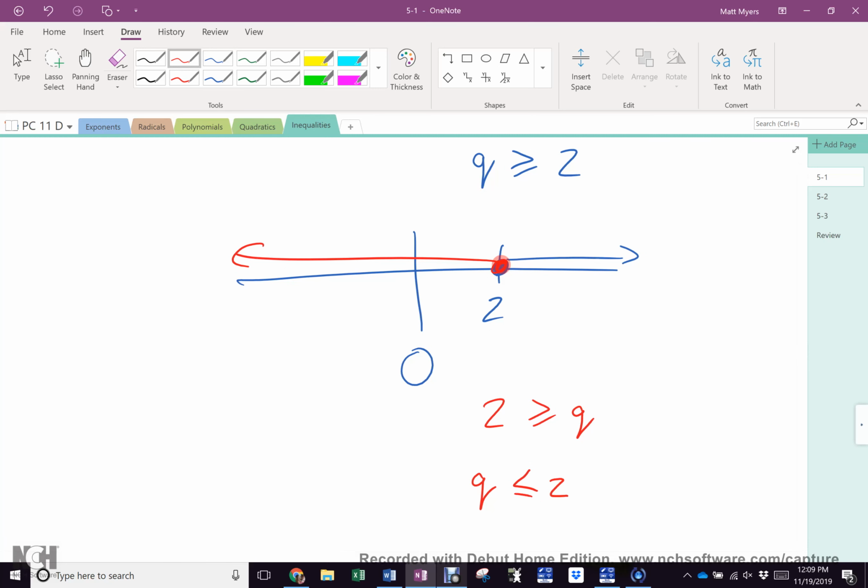That's why I don't talk about this as hungry Pac-Men. That's why I say greater than and less than. Because if you read this, 2 is being eaten by q. It doesn't make sense to me. But 2 is greater than q. Well, then obviously q is less than 2. Right? Okay. Your turn.